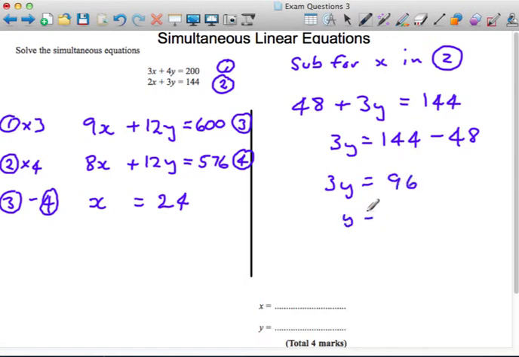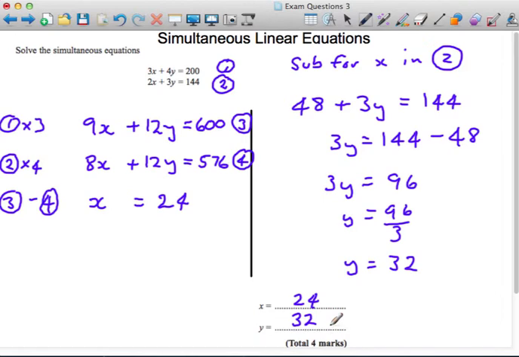So y is equal to 96 divided by 3, since I've got 3 of them. So y is equal to 32. So the answer, x equals 24, y equals 32.